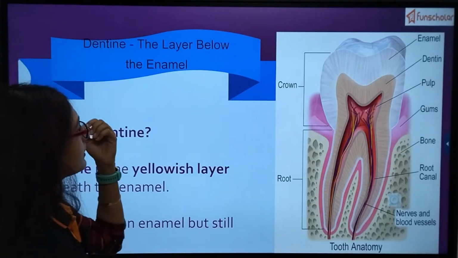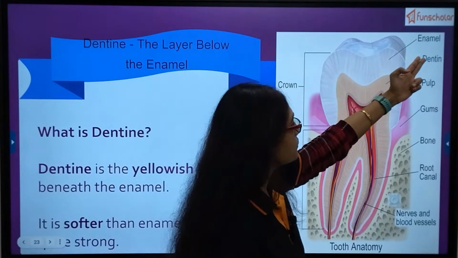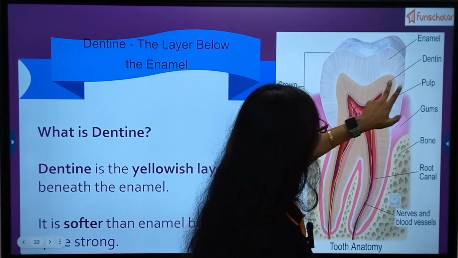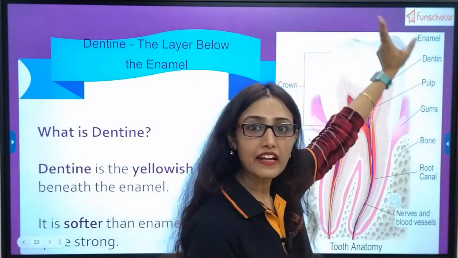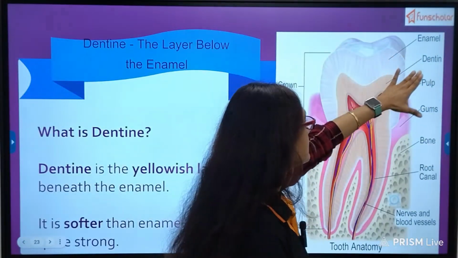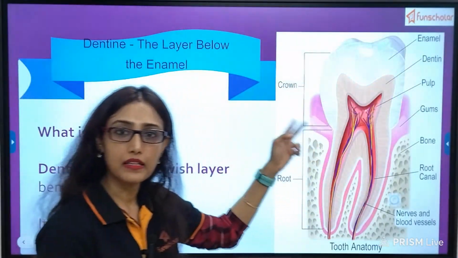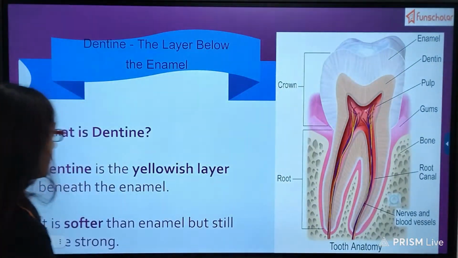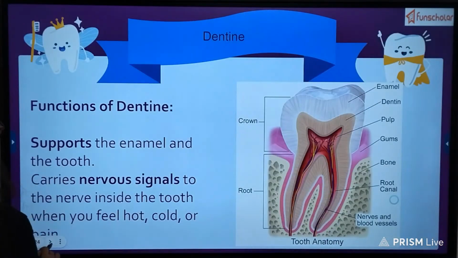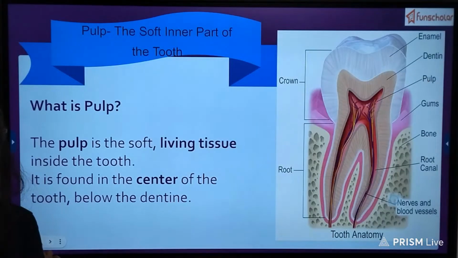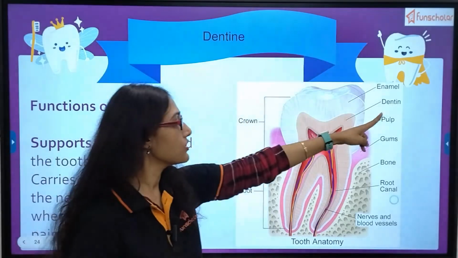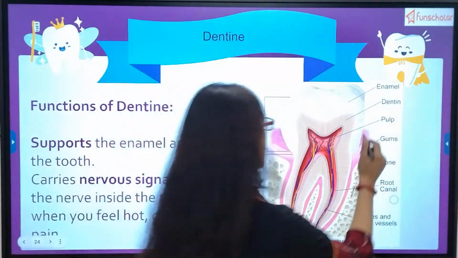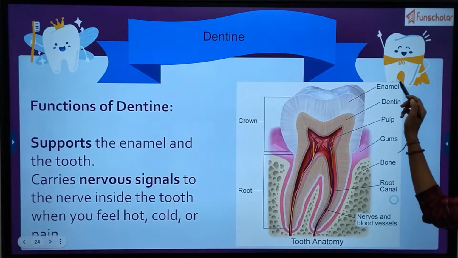Okay, now the hardest part is enamel, and below it lies the dentine. But dentine is not that hard like enamel. It is softer in comparison to enamel. Now, what is the function of dentine? The function of the dentine will be to support the enamel, okay?